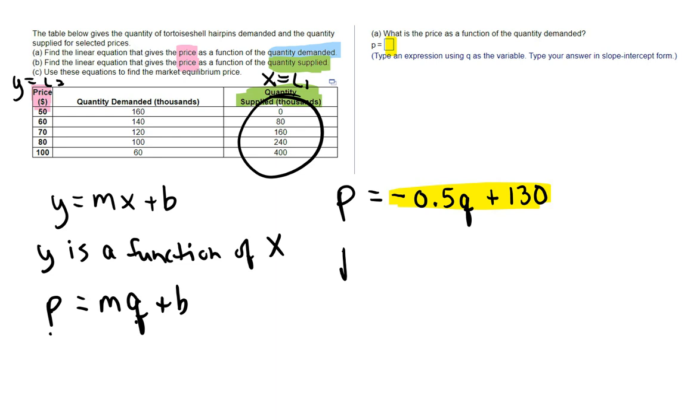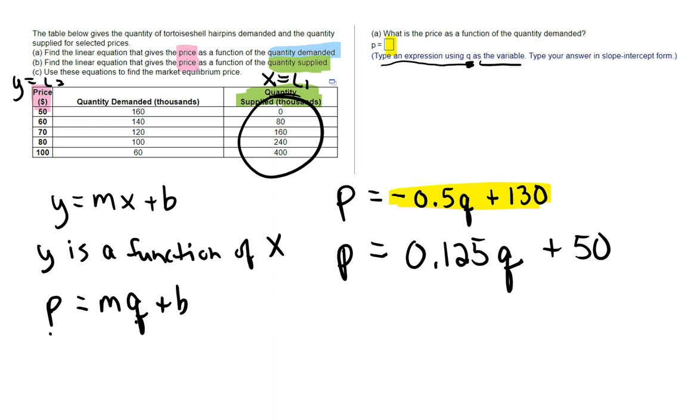And now you'll see y is the letter P, and I'll have 0.125 Q plus 50. It even says it up here, type an expression using Q as the variable. So I'm going to type that in part B. After you enter here, part B will pop up, and you'll put that answer in here.